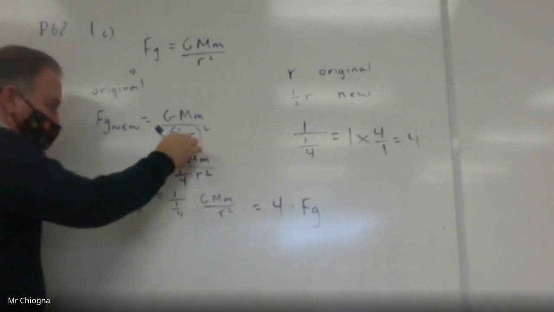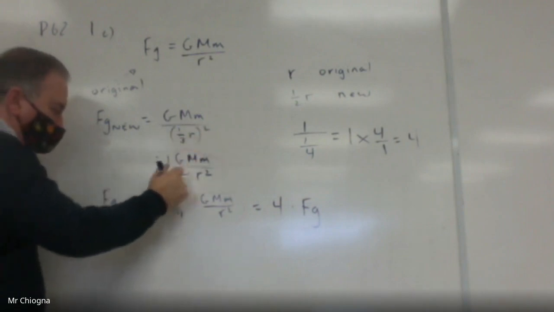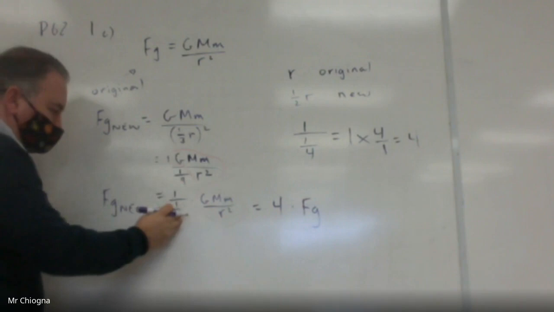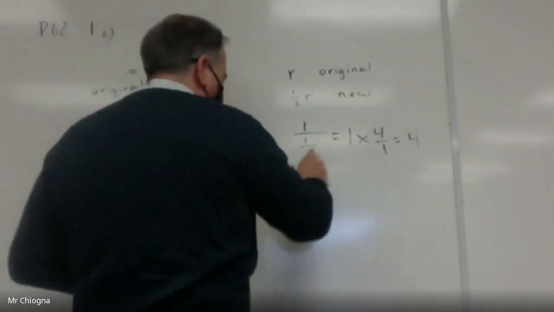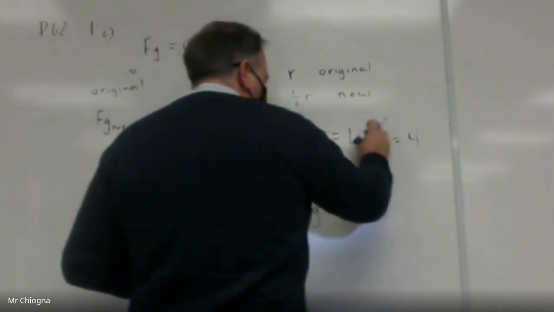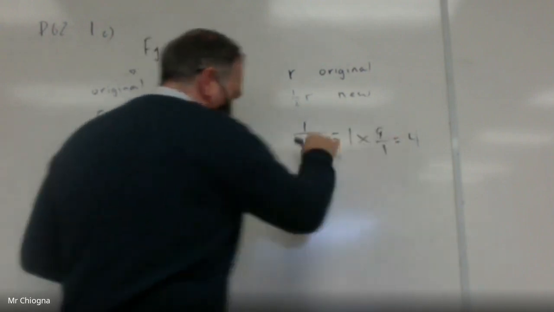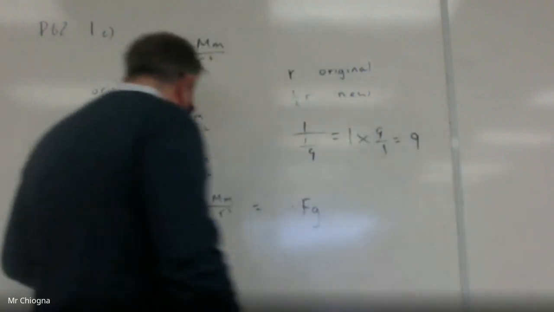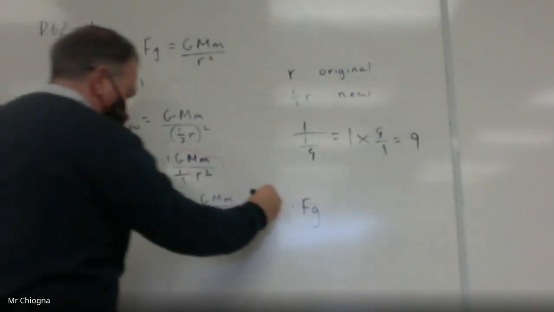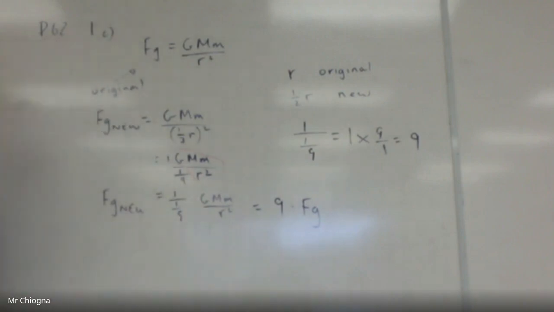Okay, when you square the 1/3, you get 1 over 9. 1 over 1 over 9 is the same thing as 9. New force is 9 times the old.